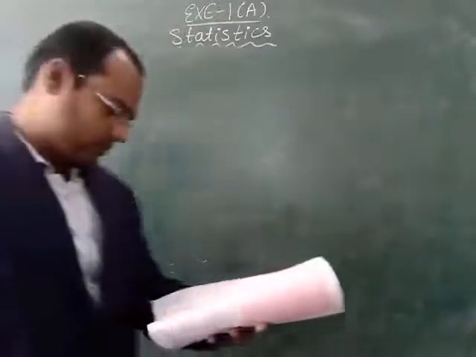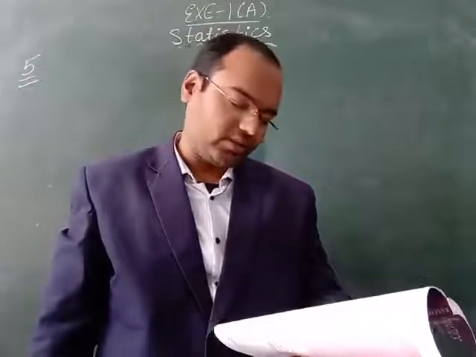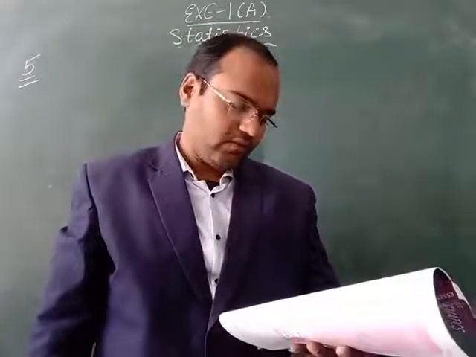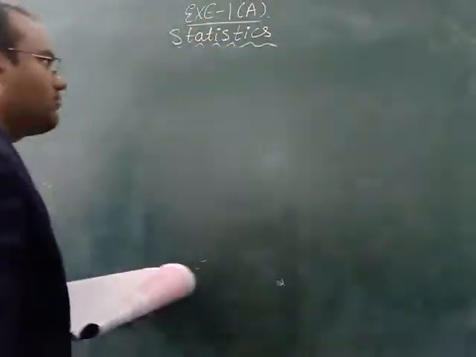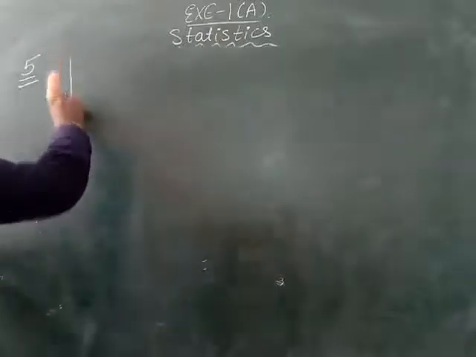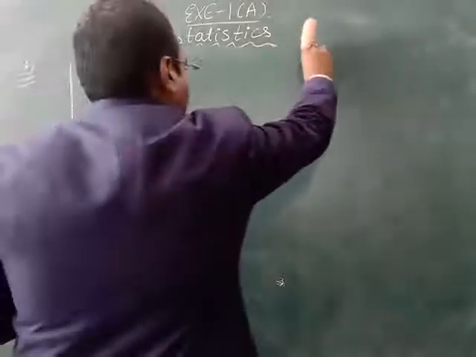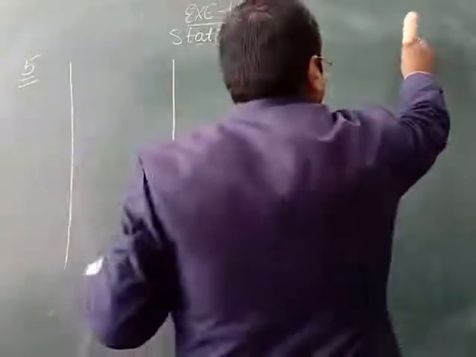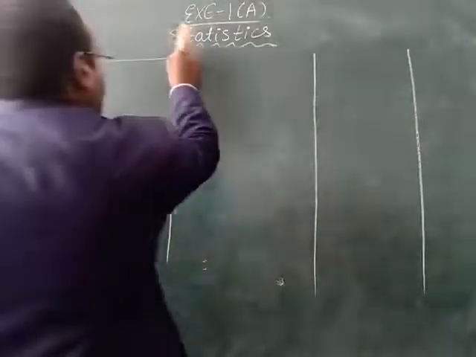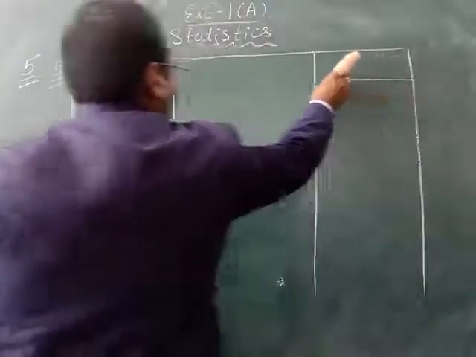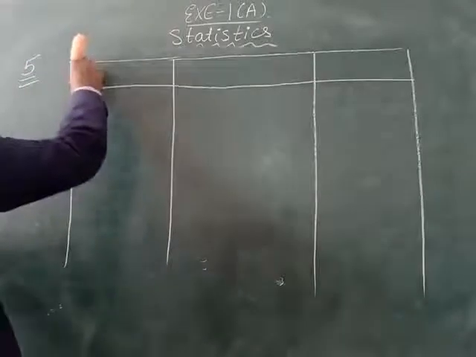Fifth question. The number of members in 25 families is given here in the question. We have to make a frequency table. So in order to make a frequency table, we have to draw 3 columns. The first column heading will be number of members.